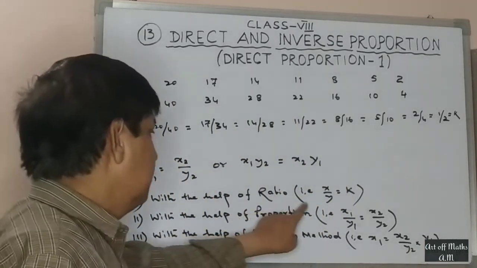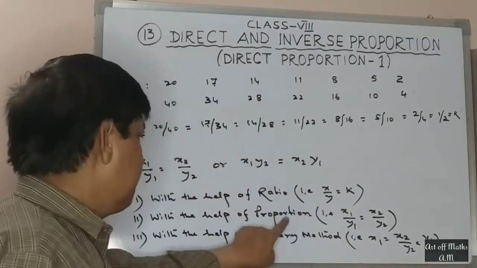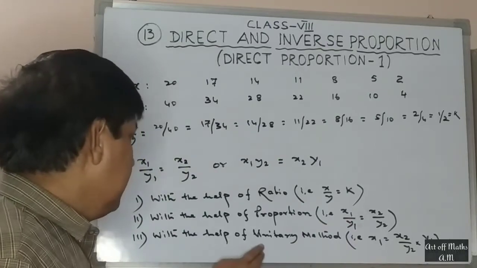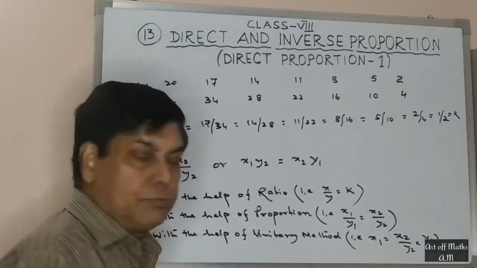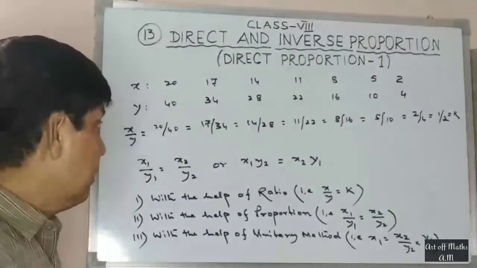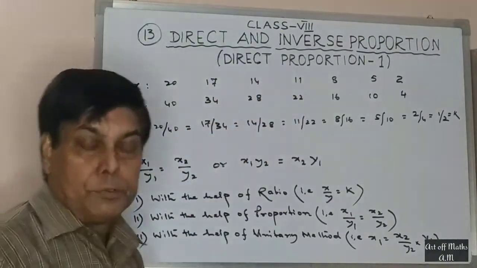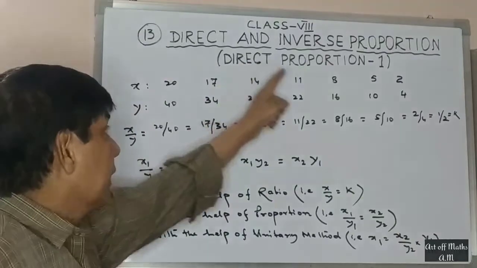For ratio, we will apply this formula. For proportion, we will apply this formula. And for unitary method, we will apply this formula to solve the problems on direct proportion under direct and inverse proportion.